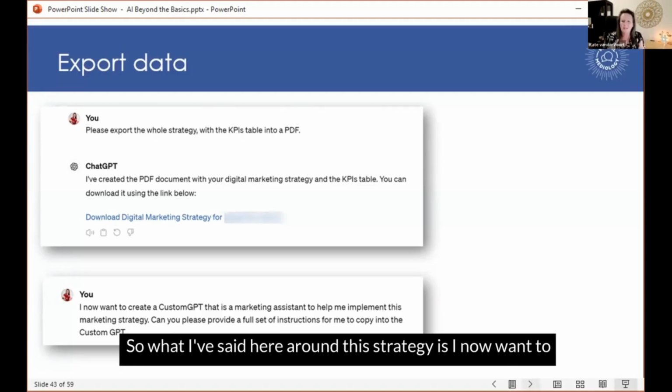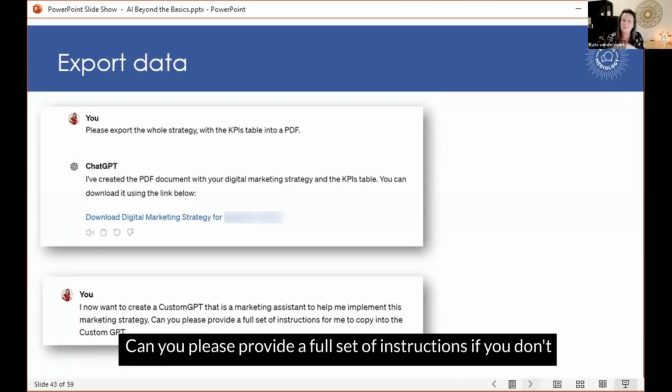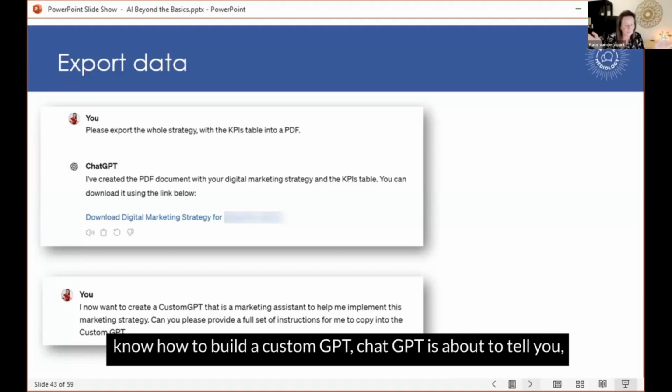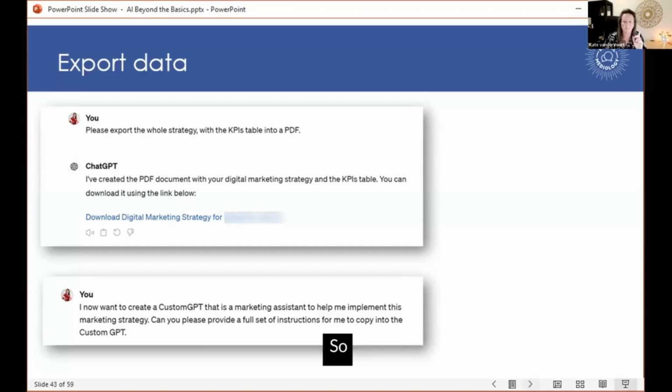So what I've said here around this strategy is I now want to create a custom GPT that is a marketing assistant to help me implement this marketing strategy. Can you please provide a full set of instructions? So if you don't know how to build a custom GPT, ChatGPT is about to tell you. Please provide a full set of instructions for me to copy into the custom GPT.